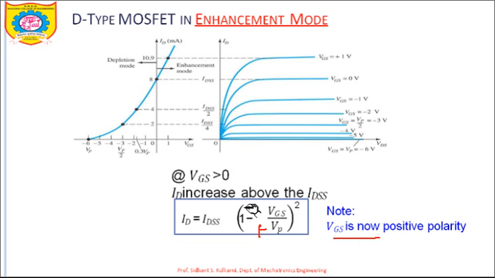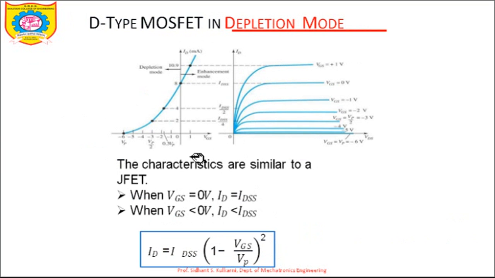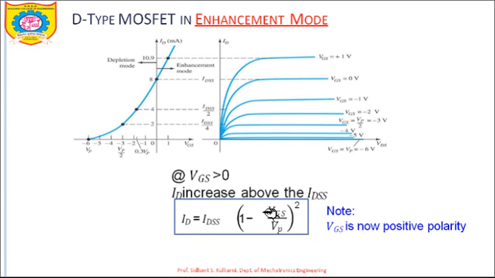VGS is positive, my mistake. In the previous slide also, I will just make a correction. Here VGS has a minus sign, and in the enhancement type of a MOSFET, VGS will have a positive value. That may be plus 2 volt, plus 3 volt, plus 1 volt, depending on that value. And VP is the voltage at which pinch off occurs.